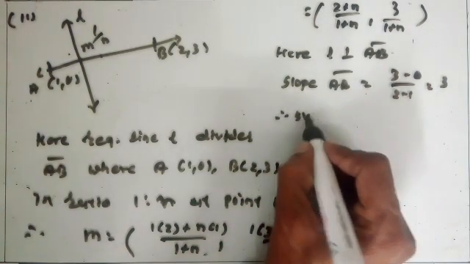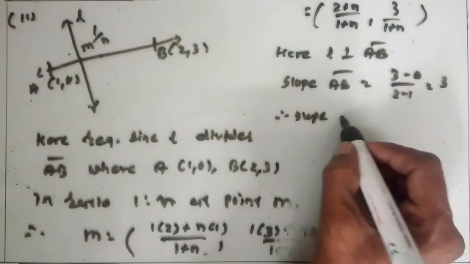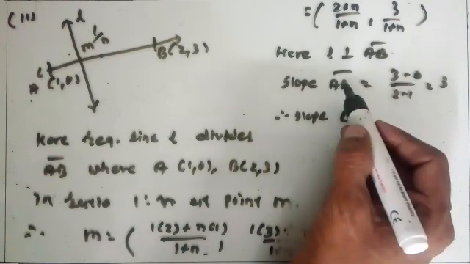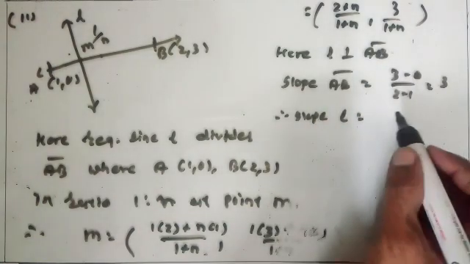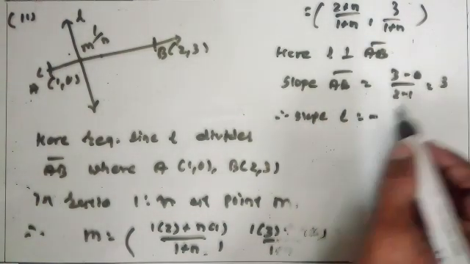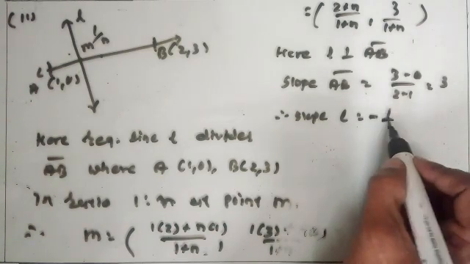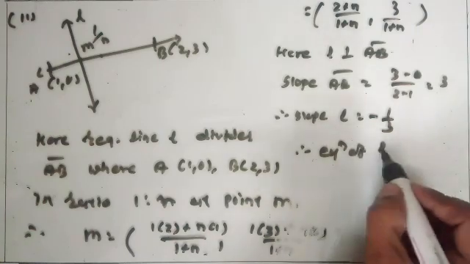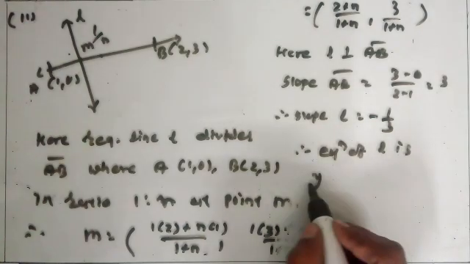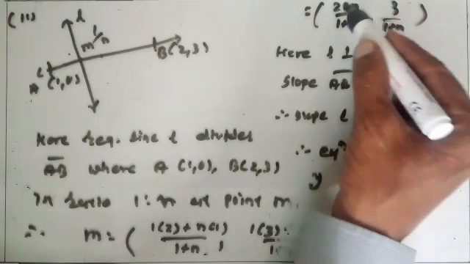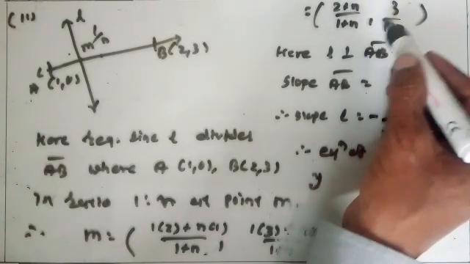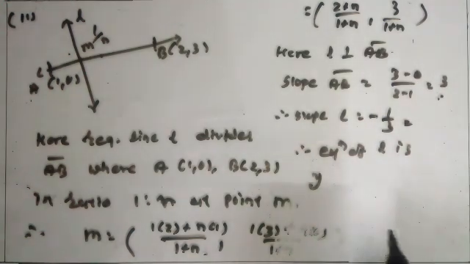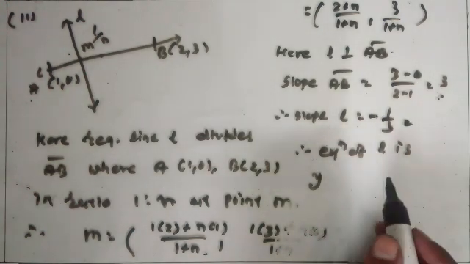Therefore, the slope of L is equal to the reciprocal with the additive inverse of the slope of AB, because L is perpendicular to AB. So the slope of AB is 3, so the slope of L is equal to -1 by 3. Therefore, the equation of L uses the point ((2 + n) upon (1 + n), 3 upon (1 + n)) and the slope -1 by 3.